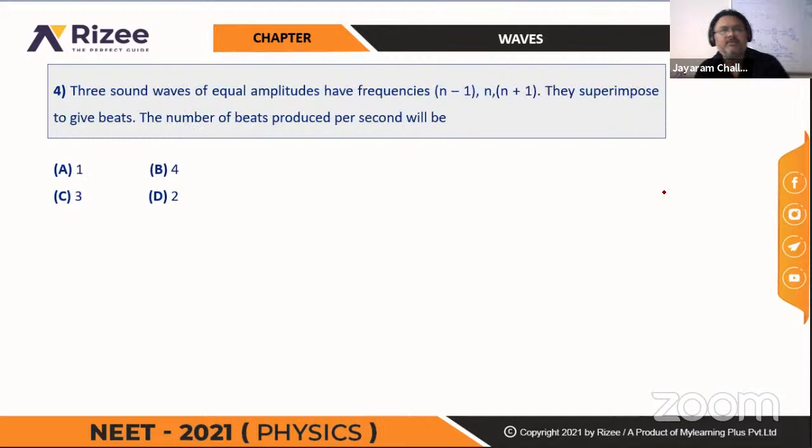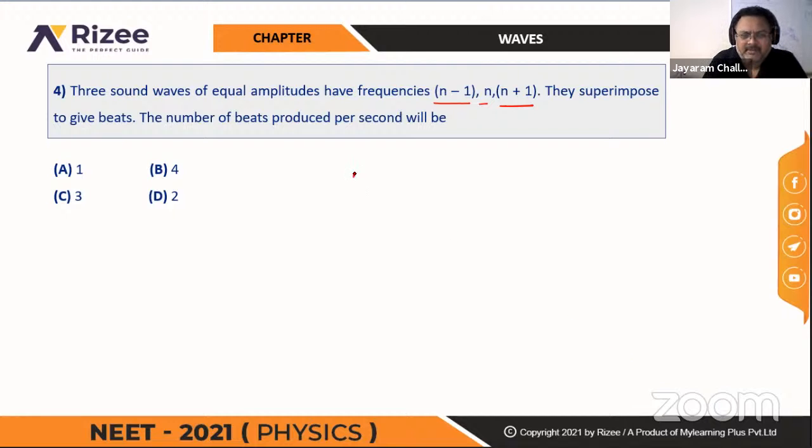Next one: three sound waves of equal amplitudes, with frequencies n minus 1, n, and n plus 1, superimpose to give beats. The number of beats produced per second.